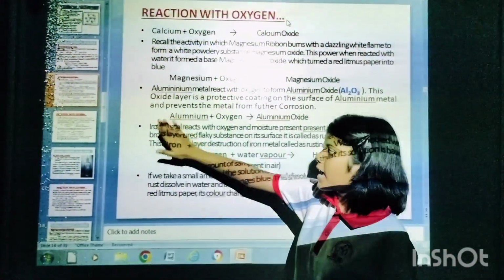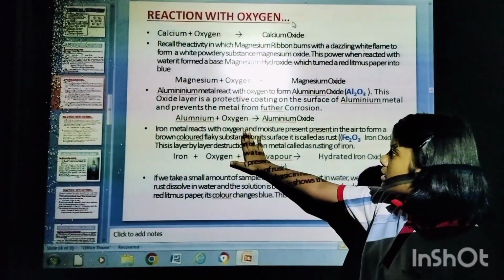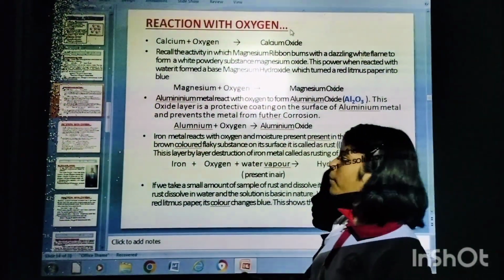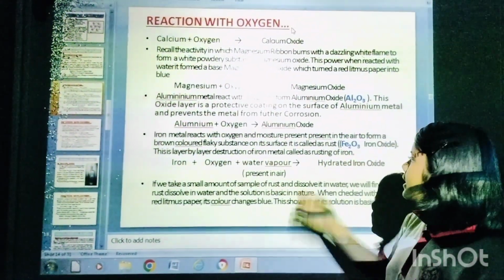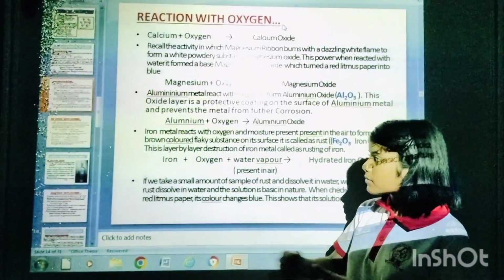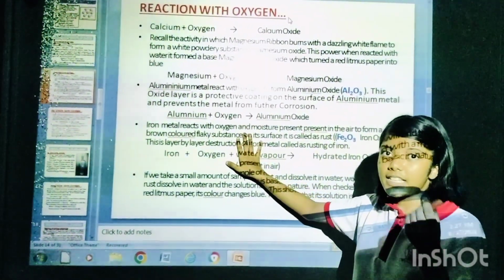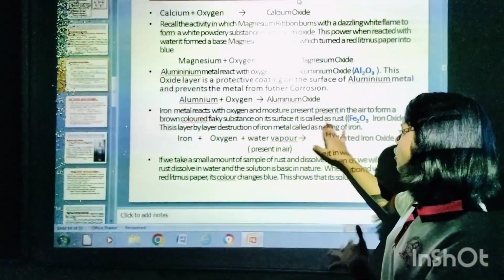Iron is also a metal, and it combines with oxygen and moisture present in the air to form a brown colored flaky substance called rust.